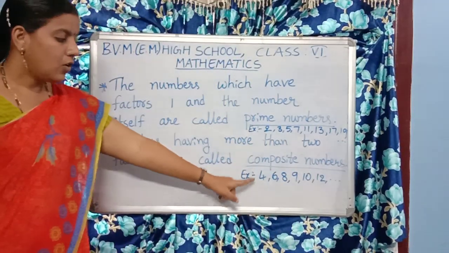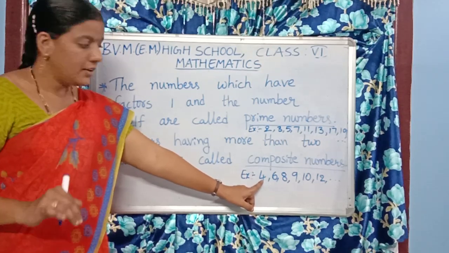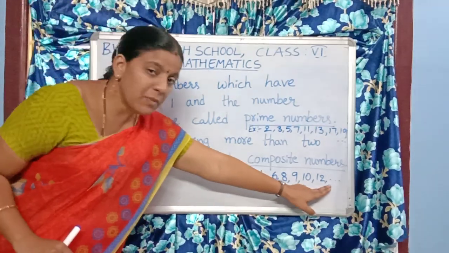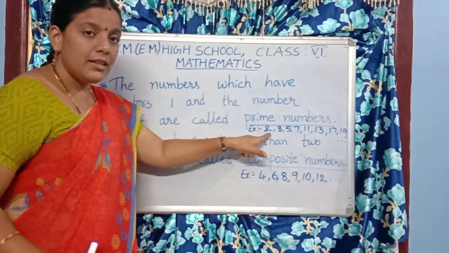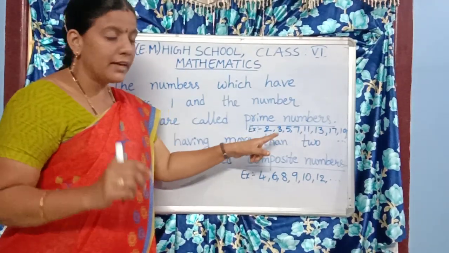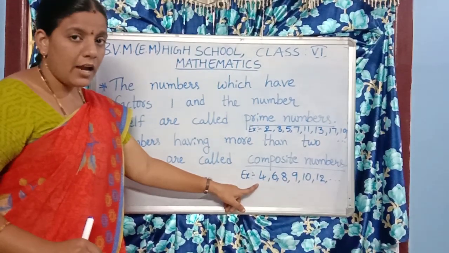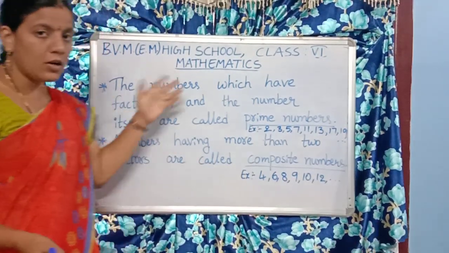These are the composite numbers. For 4, there are 3 factors. For 6, 4 factors. These numbers have more than 2 factors, and those numbers have only 2 factors. That's why those are prime numbers and these are composite numbers. Note down.